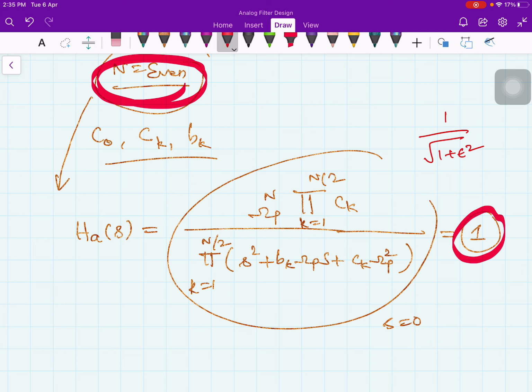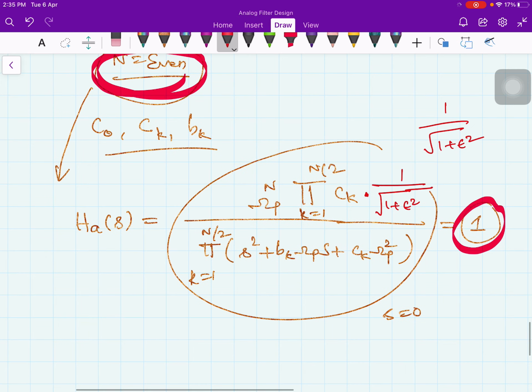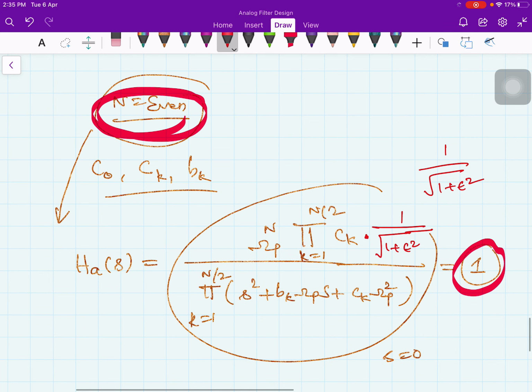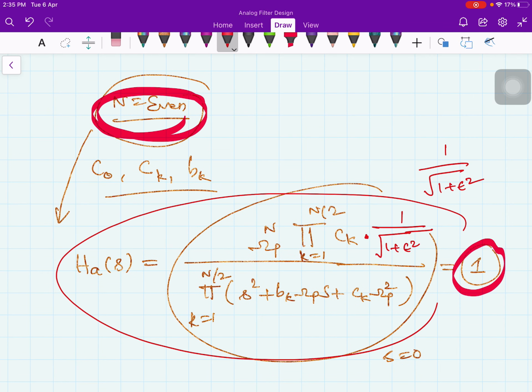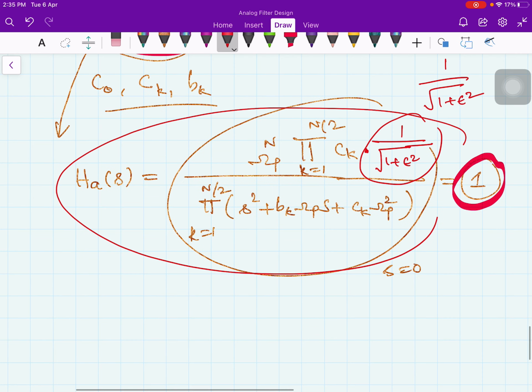Therefore I must multiply the numerator by 1 by square root of 1 plus epsilon squared. So this is an important point. Whenever your order is even, then this is the transfer function. So you must not forget this factor 1 by square root of 1 plus epsilon squared.